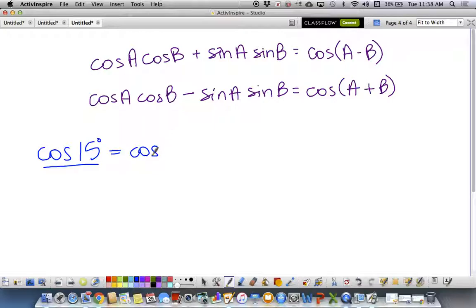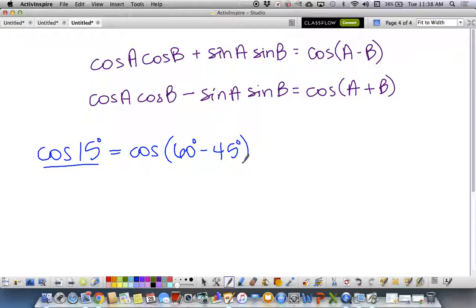What's another way to write 15 degrees? Can I add something together or subtract something to get 15 degrees? Could I subtract 60 minus 45? Is 60 minus 45 15?